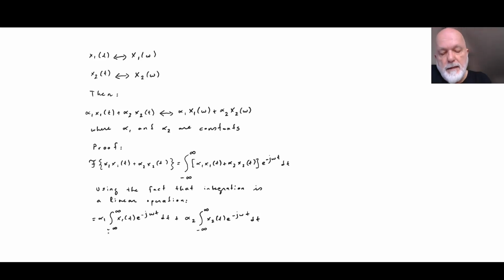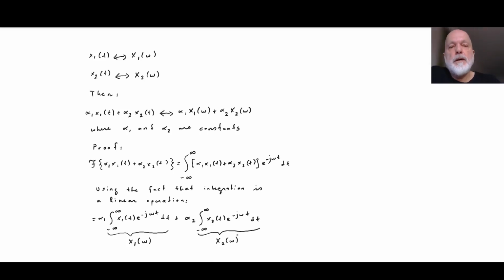But as we see, this integral expression is capital X1 of omega, and this expression here is capital X2 of omega.